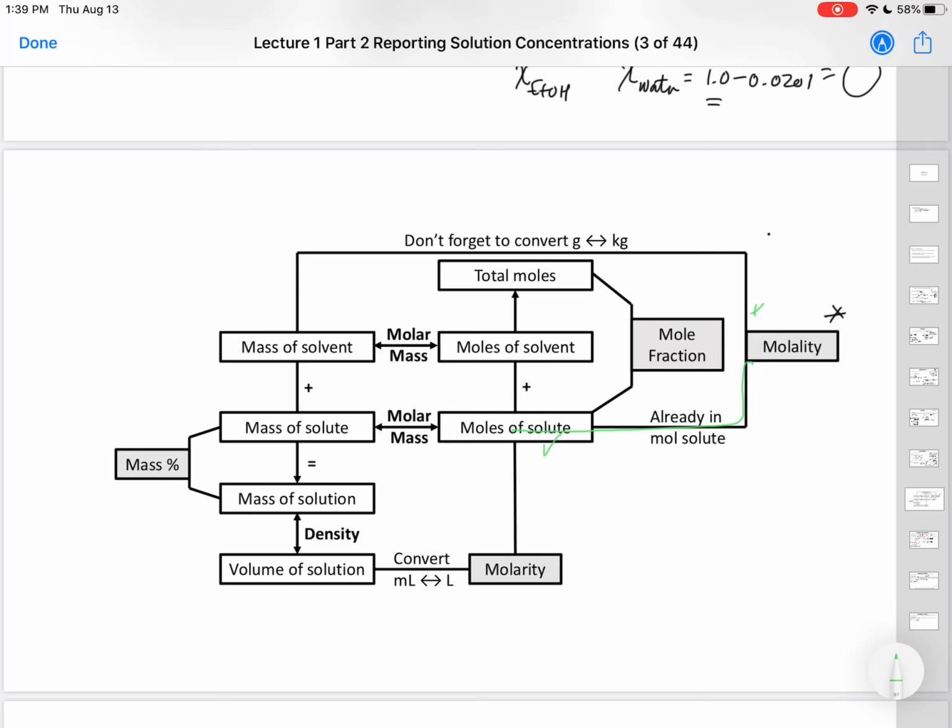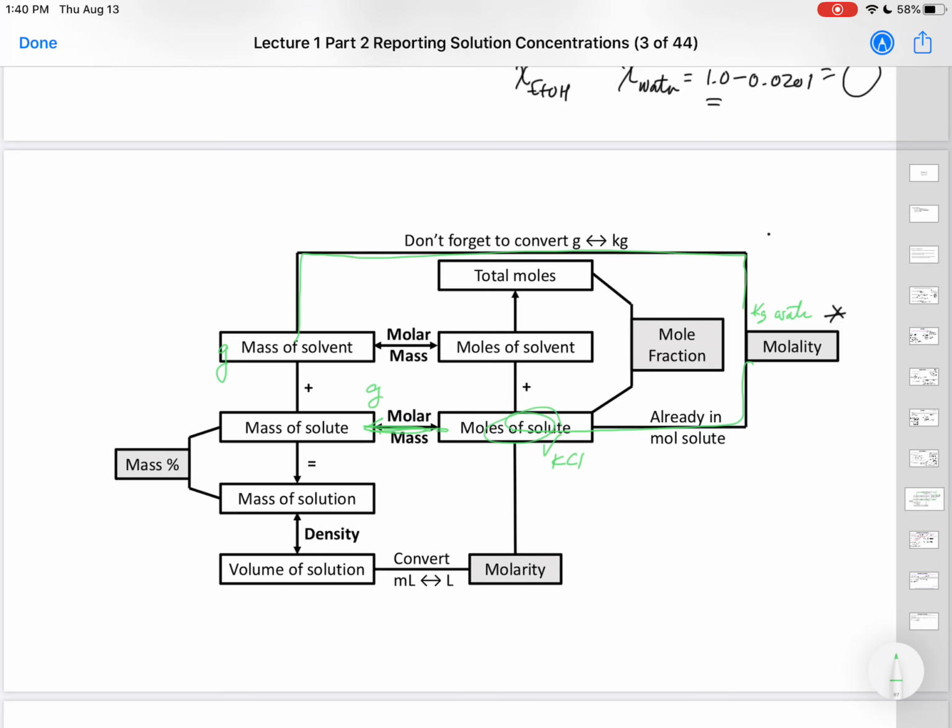Okay, but we need to go from kilograms of water, and we need to convert it to grams. Okay, then we need to add that, so we do need to convert this to grams as well with the molar mass. Why? Because we need to know the mass of the KCl.